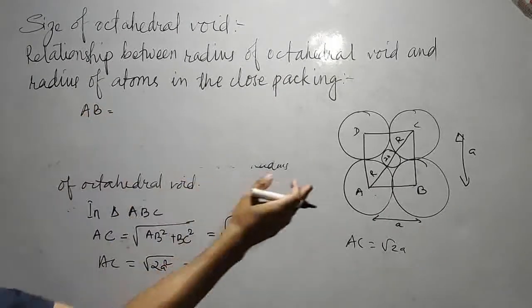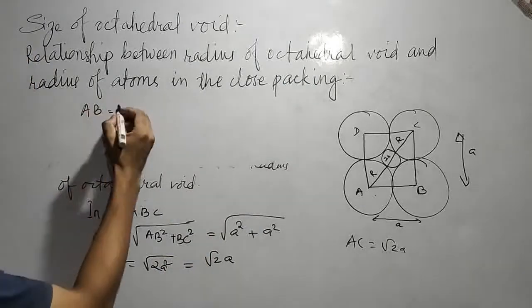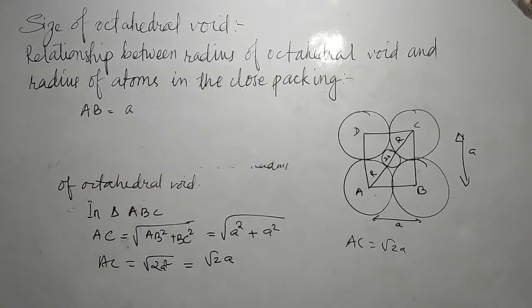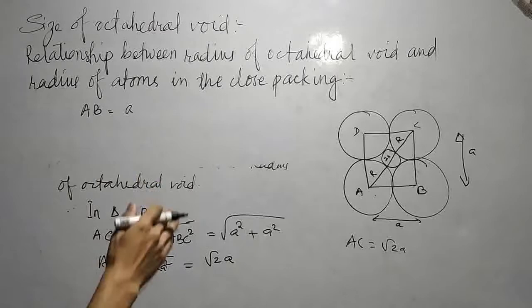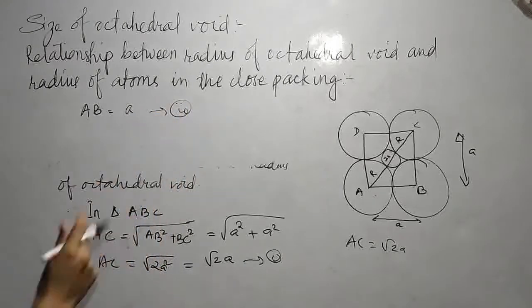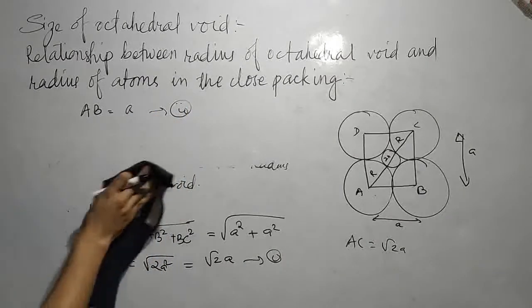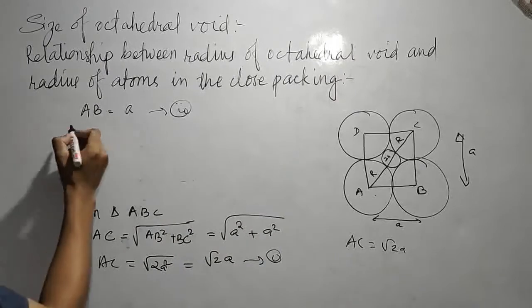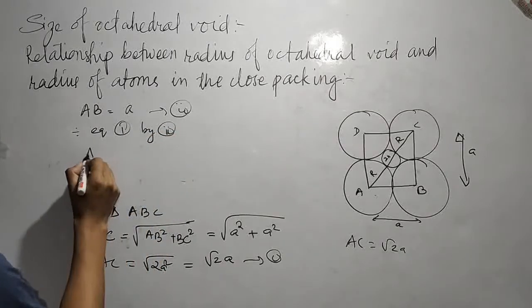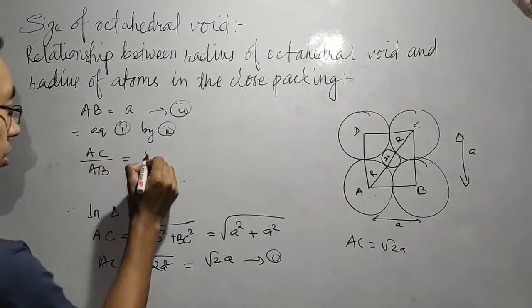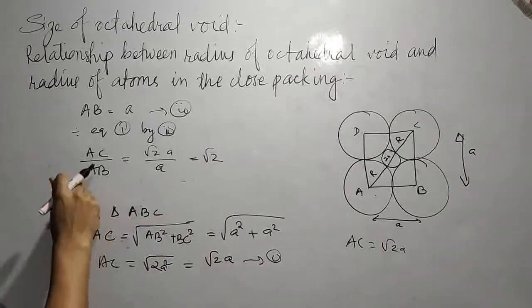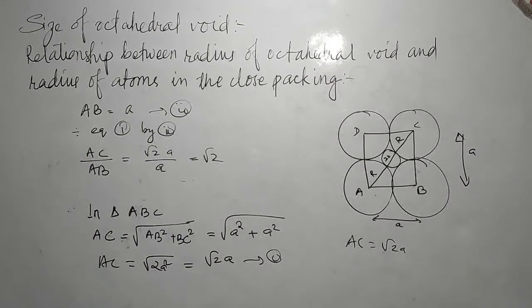AB is equal to A. Now we divide equation 1 by equation 2, so AC by AB equals root 2A by A, so we get root 2.